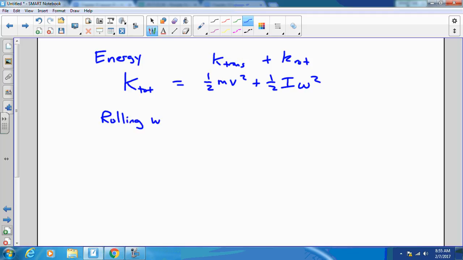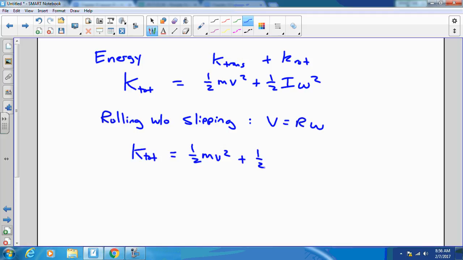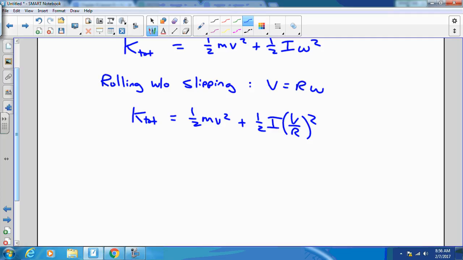If we add the rolling without slipping condition, such that v is equal to r omega, then we can actually replace the omega with v over r, and get an expression for the kinetic energy purely in terms of the speed of the object. This is very, very useful.